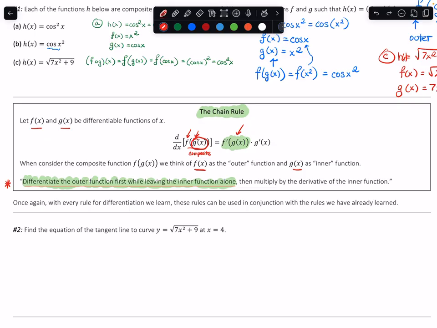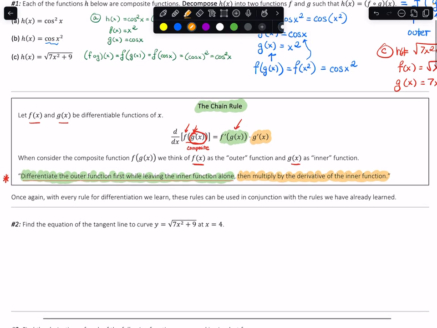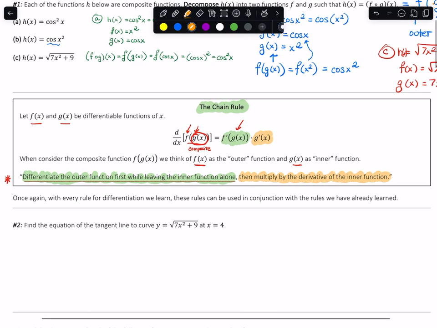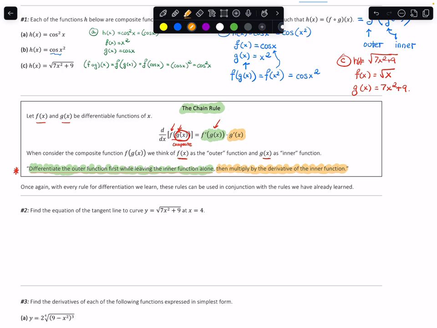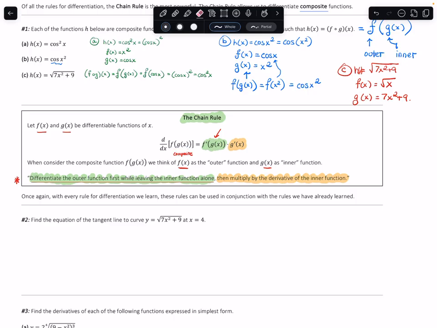Then there's some more to this, so we have some more English to look at. Then multiply by the derivative of the inner function. That's this. The inner function is g. So all I'm doing there is multiplying by g prime. Even just looking at that definition of the chain rule, it's pretty hard to understand without looking at a few different examples.